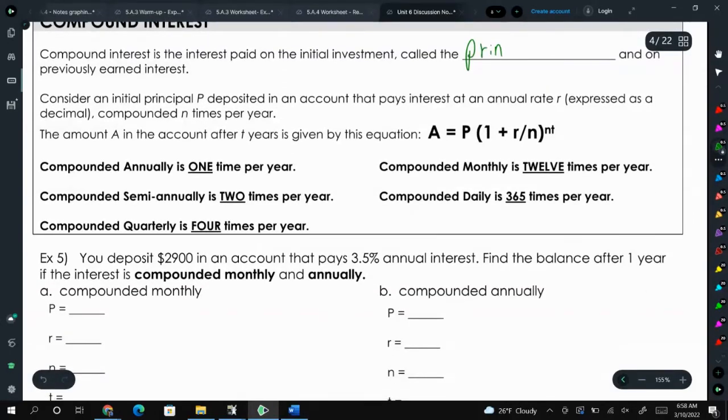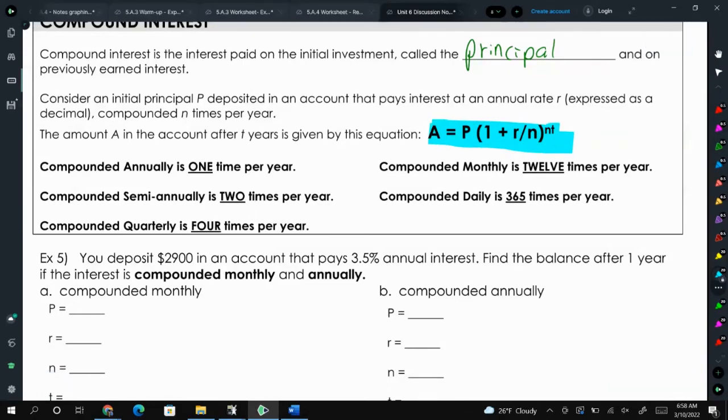So the principal is your initial investment. And then the equation you're going to use is this. And it looks a little bit similar to the model that we just talked about. But you'll notice that there's that divided by n and then that n times t power instead of just t. So we're going to be plugging stuff into this formula.